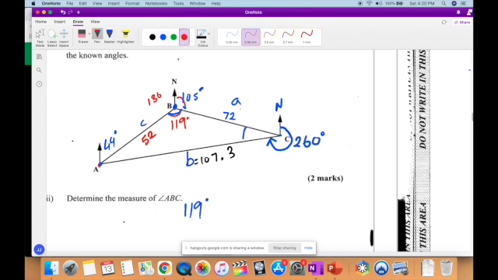So what Scotia's saying is that this north line is parallel to this north line. That means this 105 here is co-interior with this here, and co-interior angles add up to 180 degrees, which means that this here is 75 degrees. So we have 75 degrees here. We can't use this 260 here.